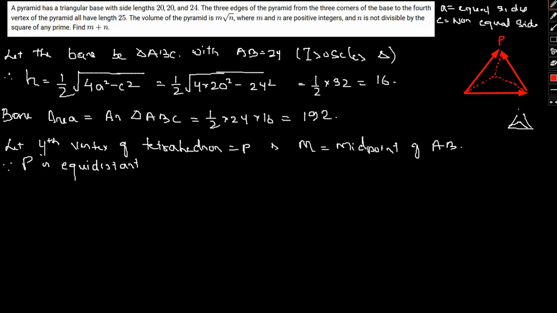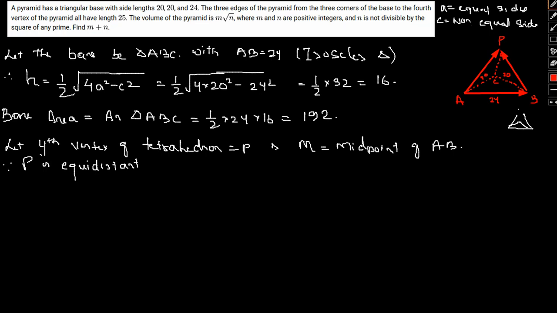This one is P. Here AB is 24, let this be A, and this is 24. Let this point be C, with sides 20, 20. This is how the figure will actually look. This is the pyramid with reference to this particular question.